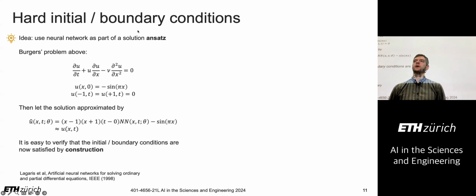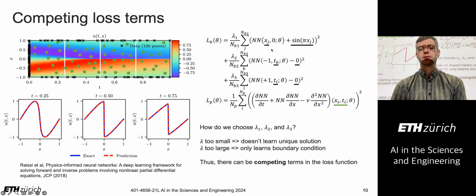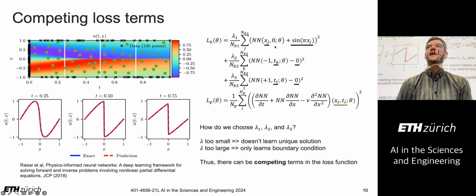At the moment, if you look in the loss function, the initial conditions are satisfied in a soft way. That means the final network that we train might not perfectly satisfy the boundary conditions. The boundary loss might still be greater than 0, and typically that is the case. But is there a way that we can reframe the optimization problem, or the way that we define the PINN, so that the boundary conditions are always exactly satisfied? Then we don't even have to worry about matching the boundary conditions in the network.